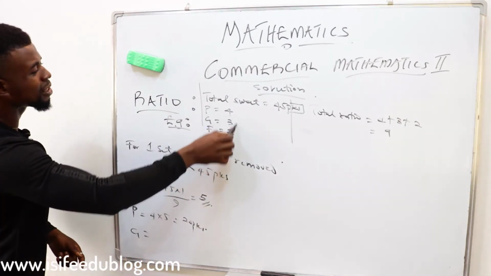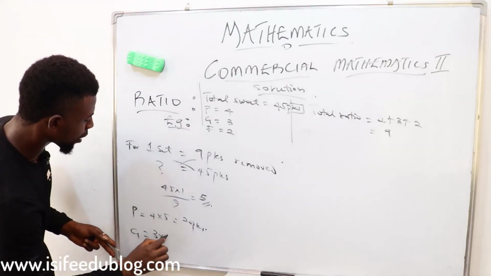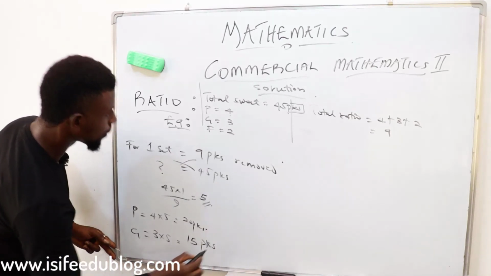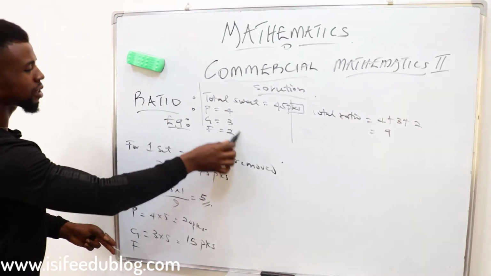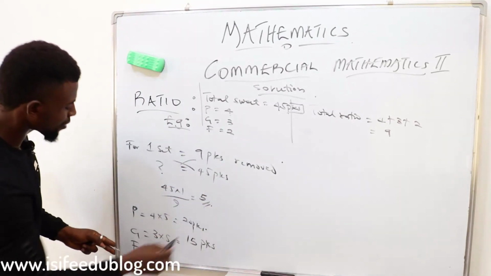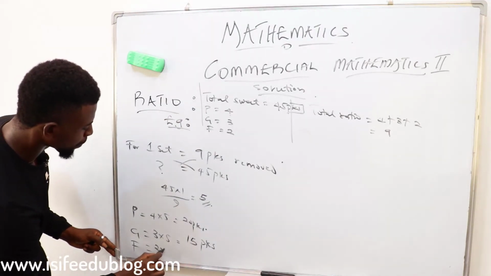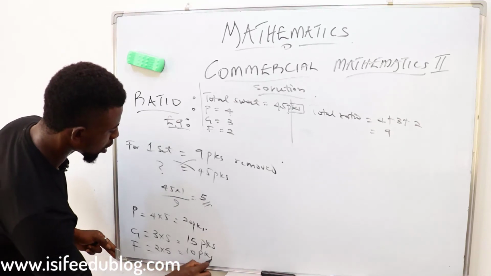If in every set he picks 3 packs, it means that in 5 sets he should have 3 times 5, which is equal to 15 packs. Then for Fred, if for every set he picks 2 packs, it means that in 5 sets he should have 2 times 5, which is equal to 10 packs.